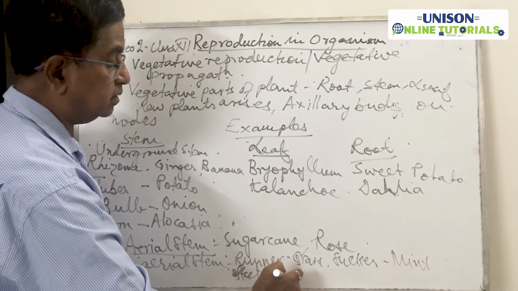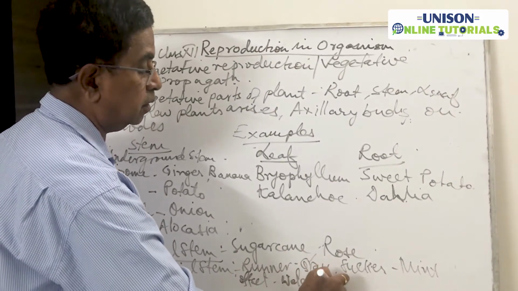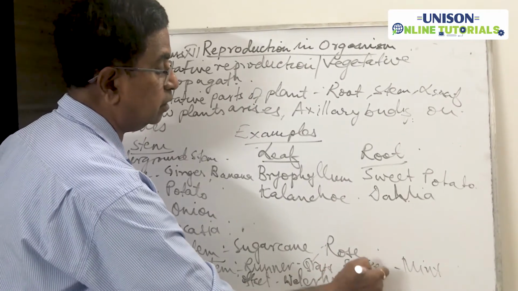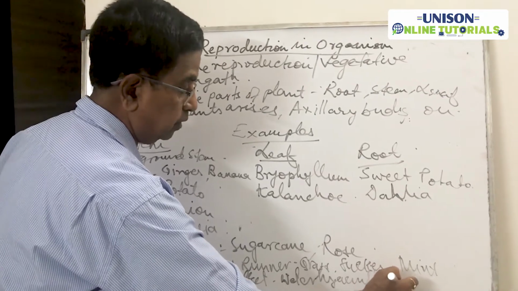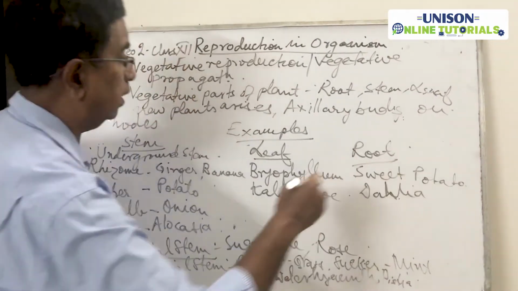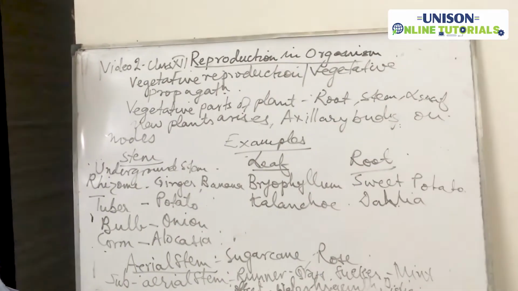Water hyacinth is an aquatic plant, and from the node it can give rise to a new plant. So these are the examples of vegetative reproduction.